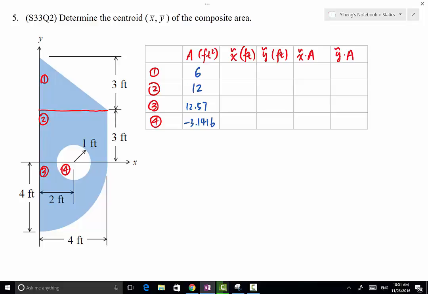For example, for area number 1, its centroid is here. Therefore, its x tilde equals to, we know that the centroid for the triangle is always 1/3 from the base. Therefore, this total length right here is 4 feet. 1/3 here is 4/3, so 1.33.